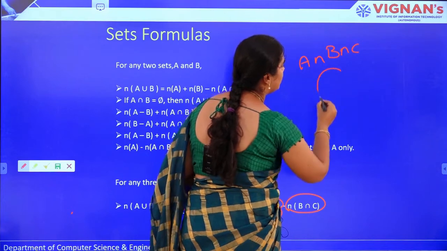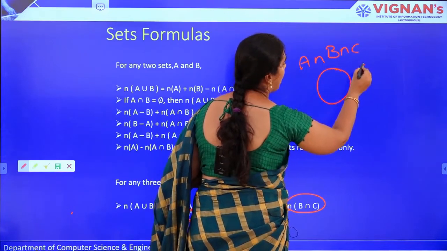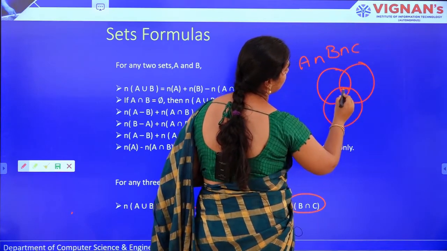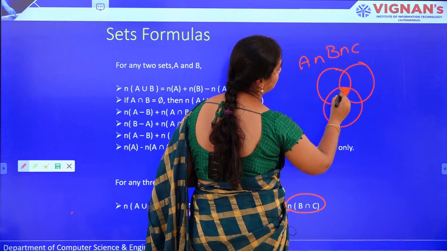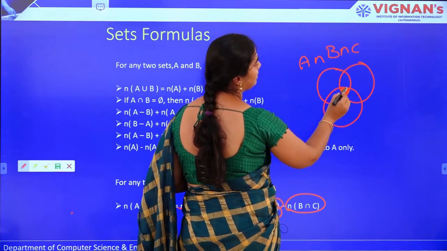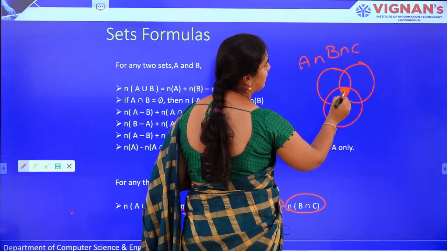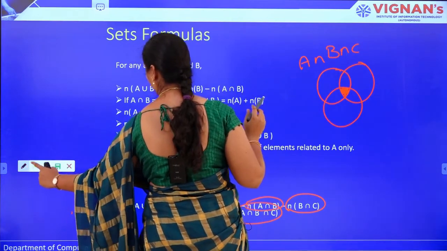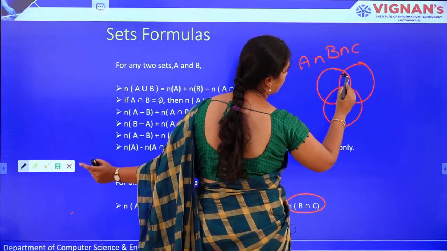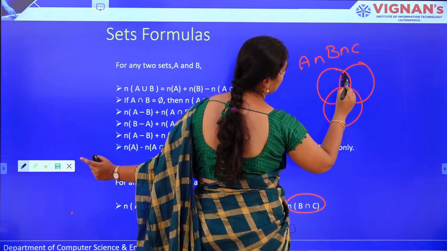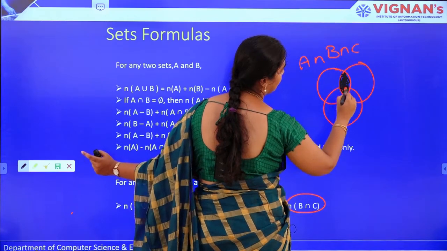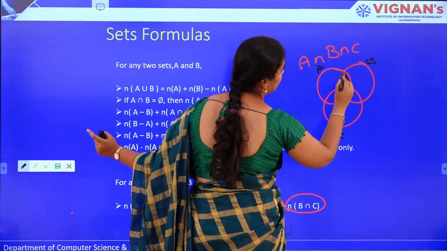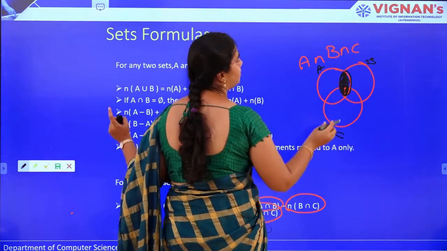If this is the set A, this is the set B and this is the set C, then the area which I am shading right now represents A intersection B intersection C. And this area which I am shading now, if this is A, this is B and this is C, represents A intersection B.